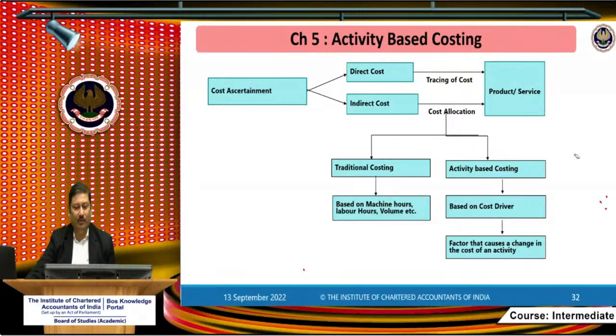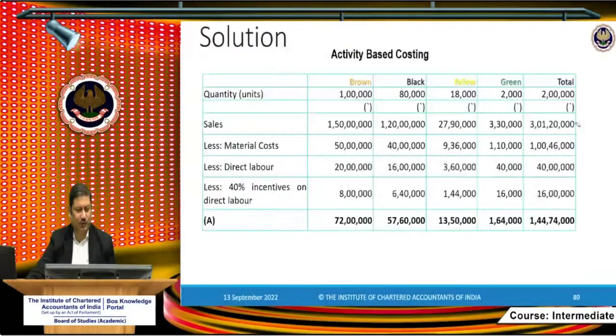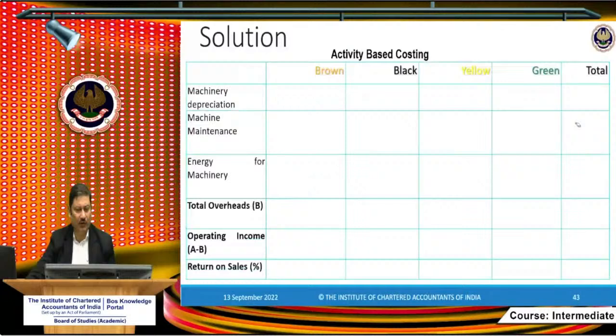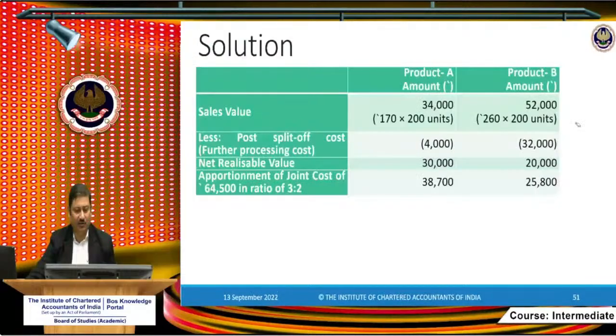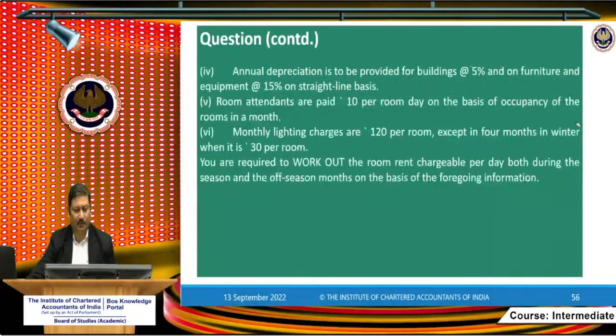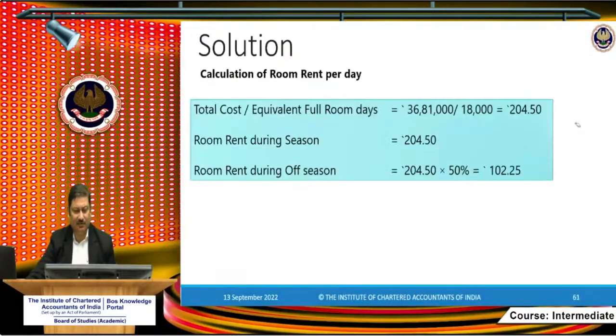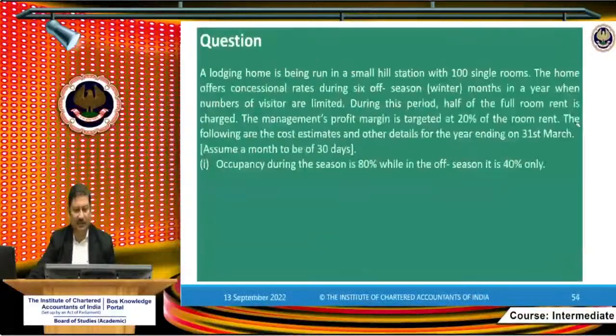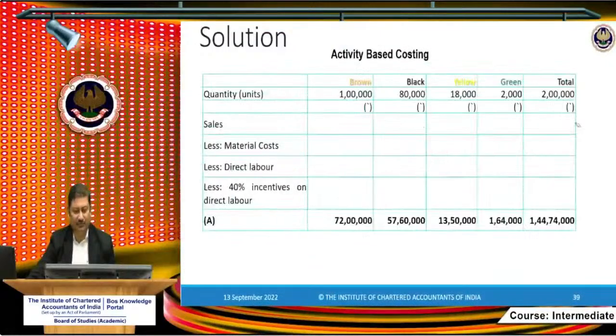Okay, we'll be going for the activity based costing question as I told you. Joint product, byproduct, process we have covered. Process questions we are not covering. Then we'll be covering service costing and various examination related issues.